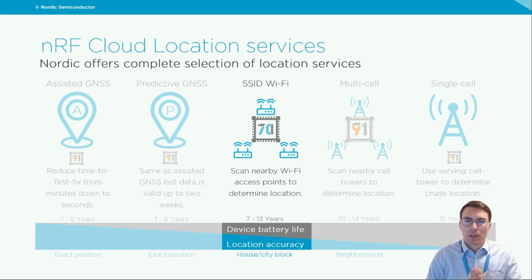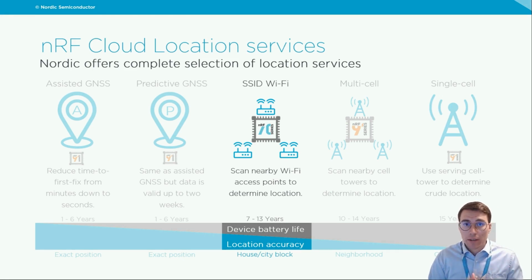And this is kind of the middle man, the golden nugget, I would say. If you introduce an nRF70 series device with one of our cellular devices, you can get SSID Wi-Fi locationing. And here is a very great combination of getting good accuracy as well as low power consumption.